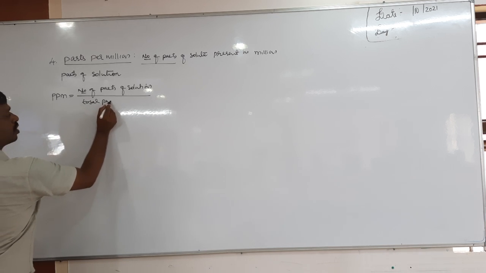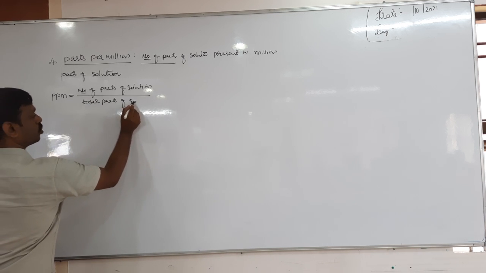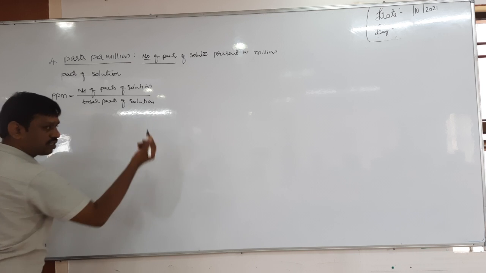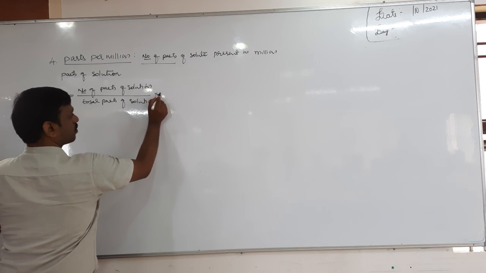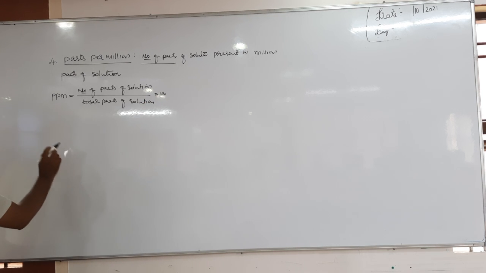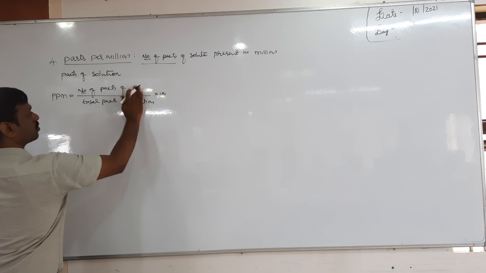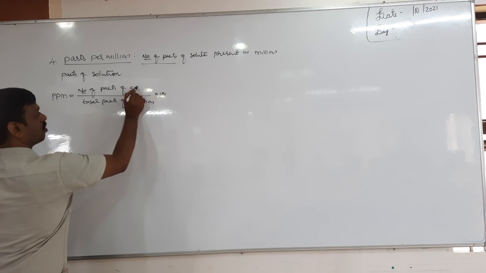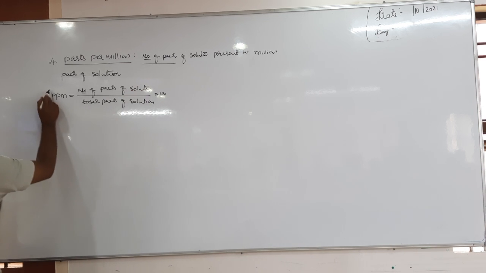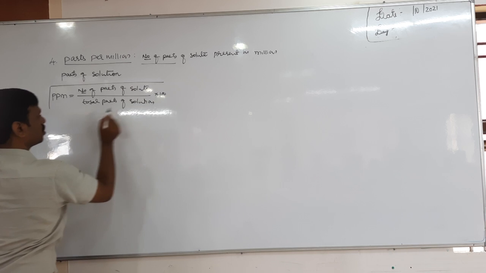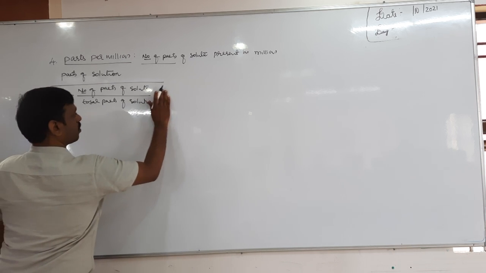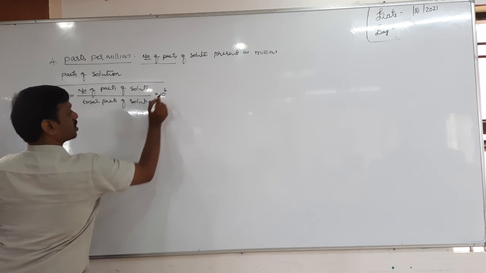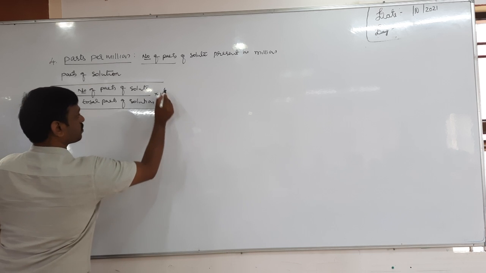Total parts of solution, that is solute plus solvent, into 100. Number of parts of solute divided by number of parts of, so 10 power, okay, what is 10 power 6 in million parts, right?